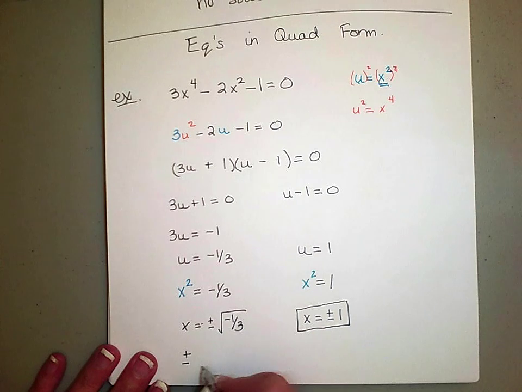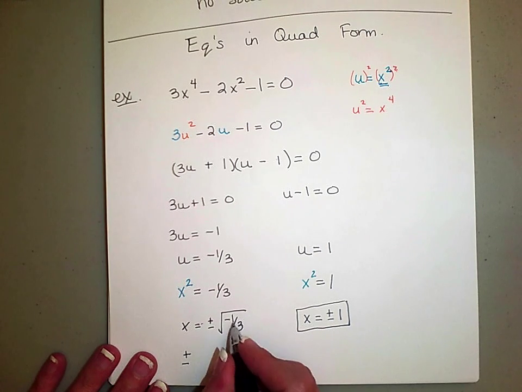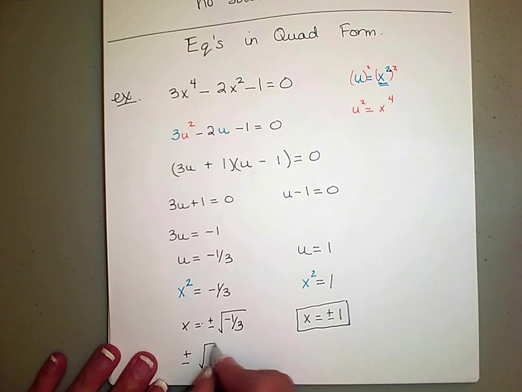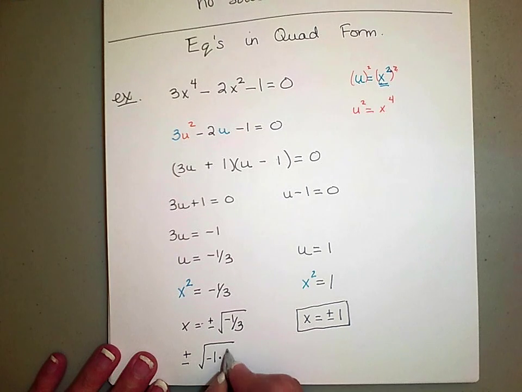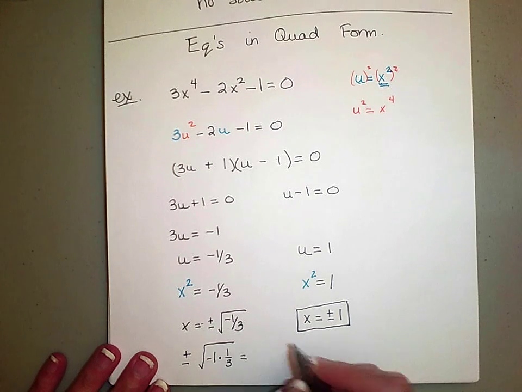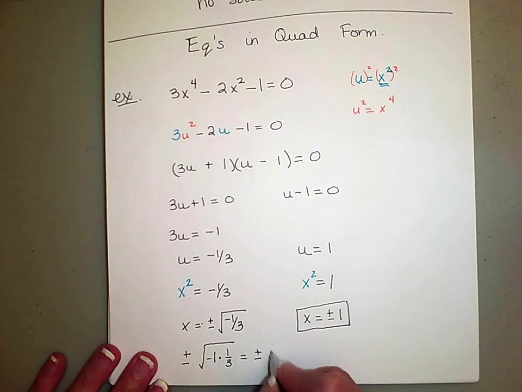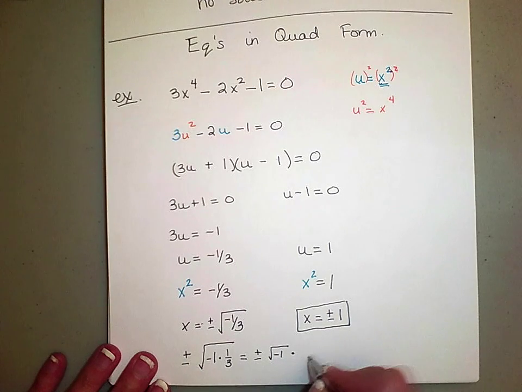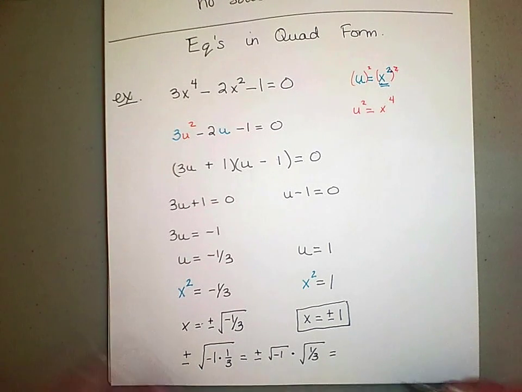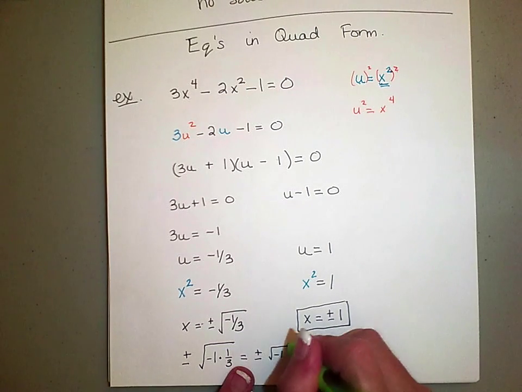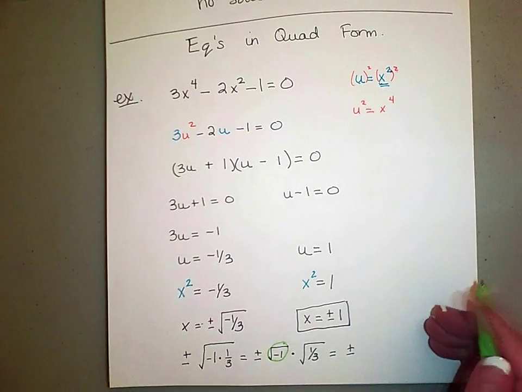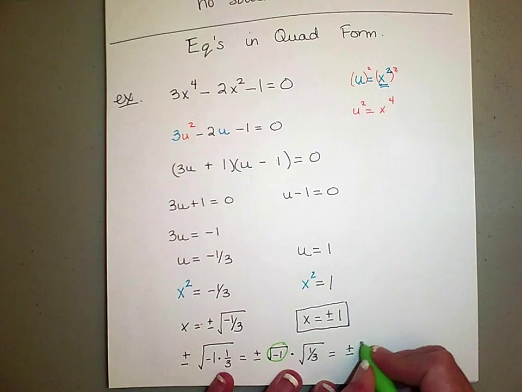So let's do just a little bit of manipulation here. We know this is the square root of negative 1 times 1/3. So this is plus or minus the square root of negative 1 times the square root of 1/3, which is plus or minus, and the square root of negative 1 is i.